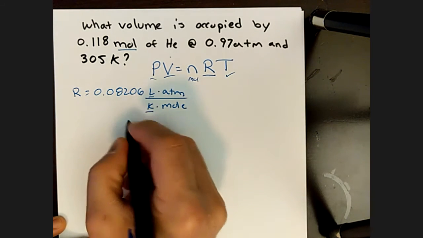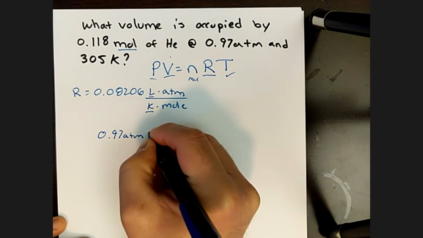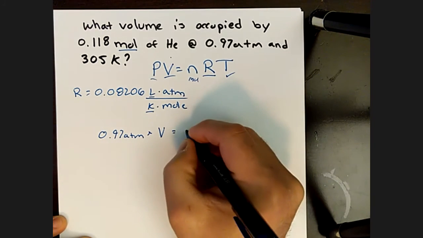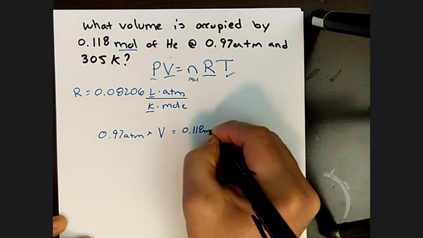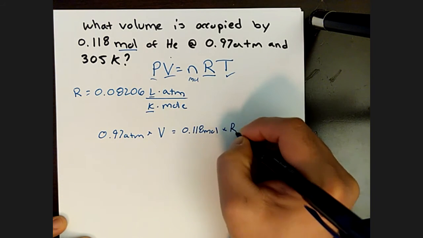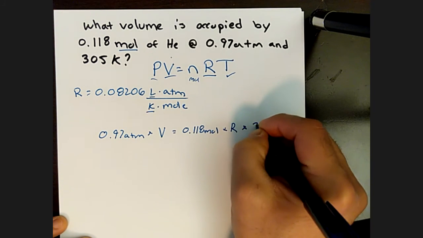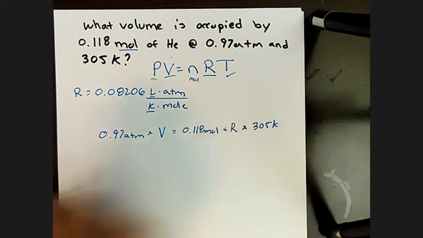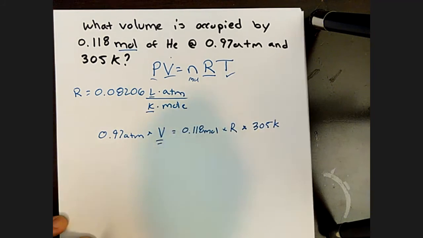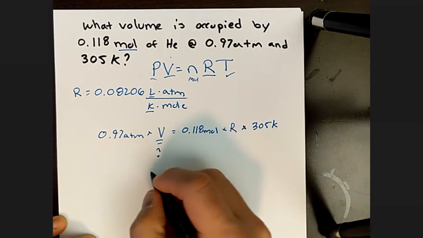So here we have our pressure, and we're looking for the volume. We have 0.118 moles times our R constant. I'm not going to write it again, I'm just going to put it in here. And times our temperature, 305 Kelvin. This is the only term that we're missing, and so we just have to rearrange our equation.